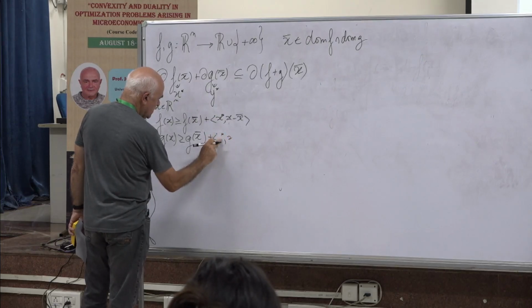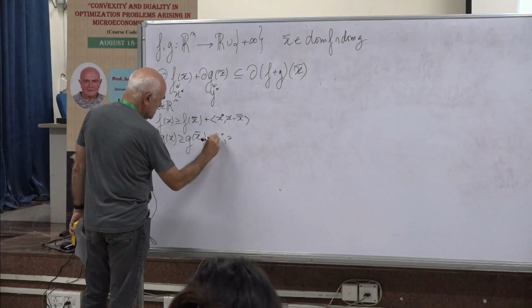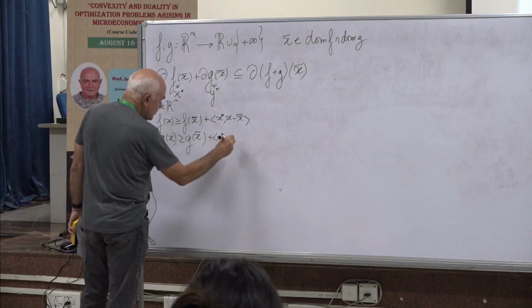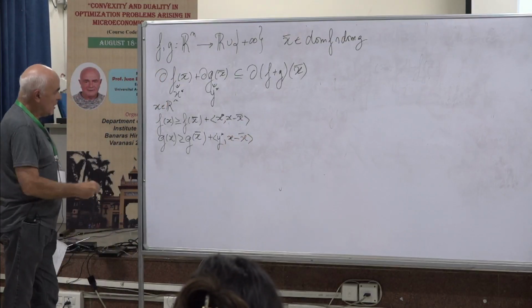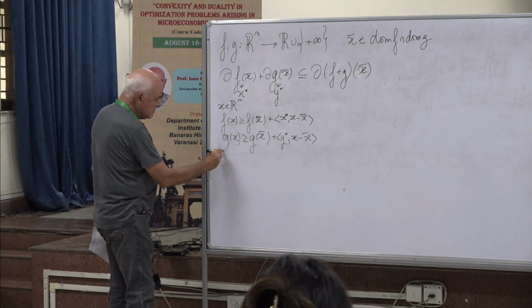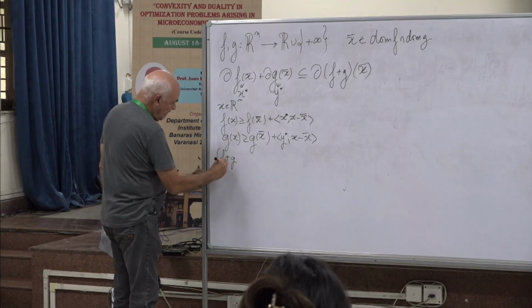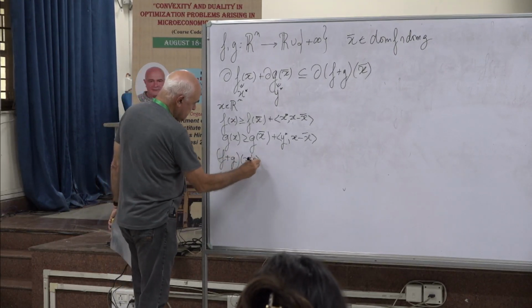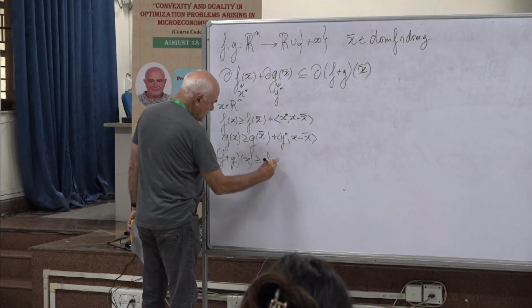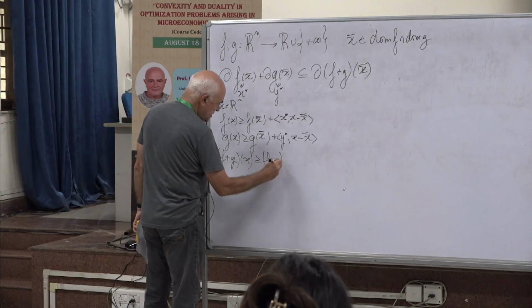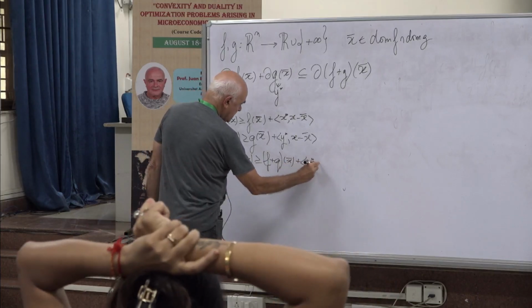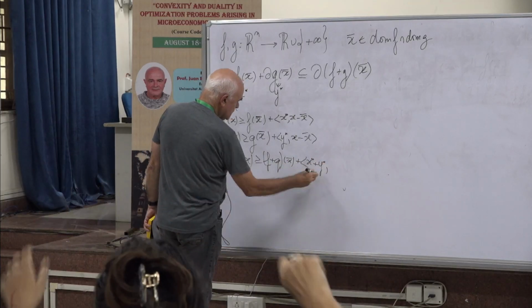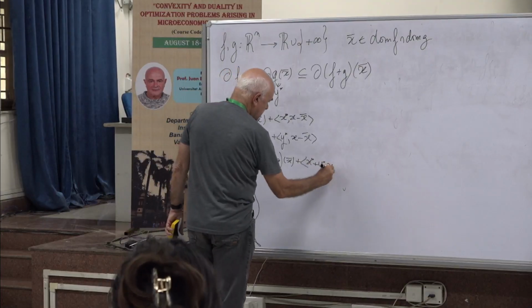And now I am also interchanging x with y without any reason. Okay. And now if you add these two inequalities, then you get this greater than or equal to f plus g of x bar plus x star plus y star times x minus x bar.